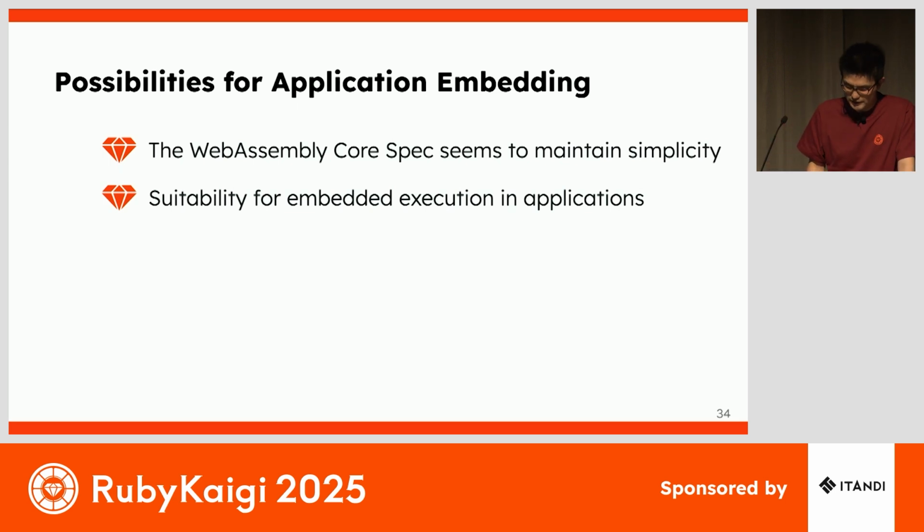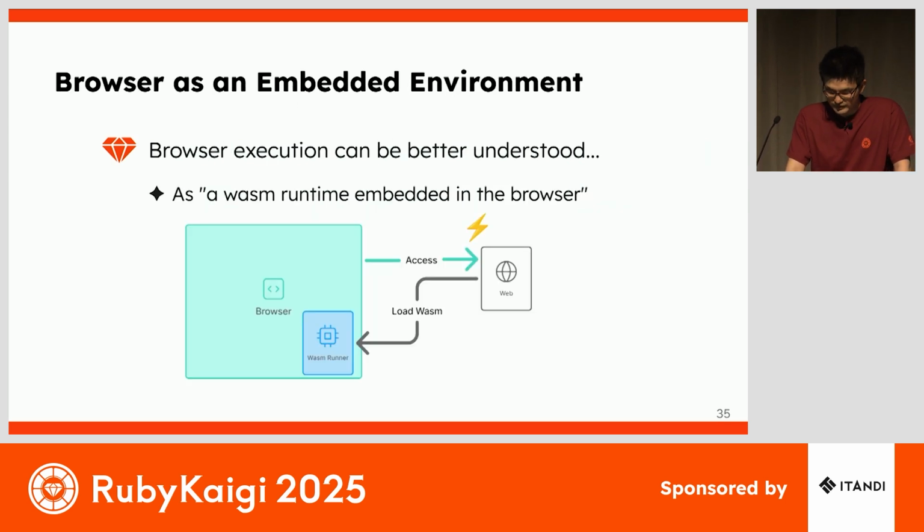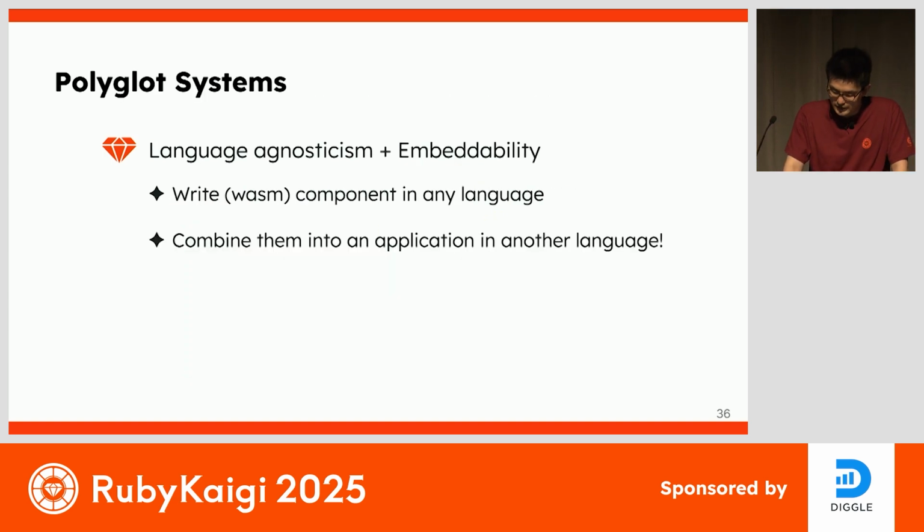Since WASM is relatively small, it's embeddable anywhere. I think it's helpful to view the browser itself as just one prominent example of an environment embedding a WASM runtime. And finally, it enables polyglot systems in the future.